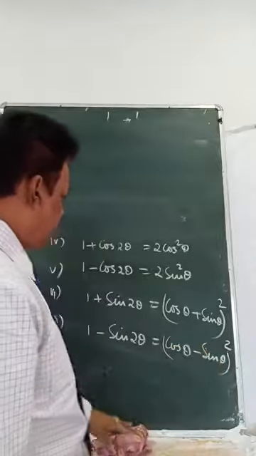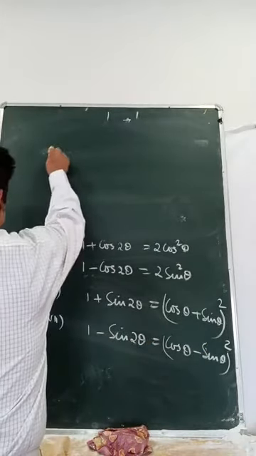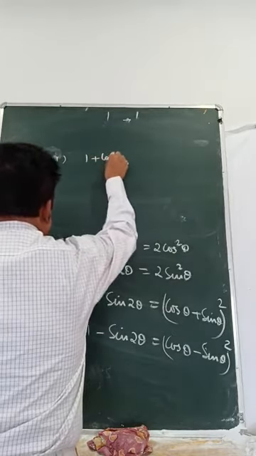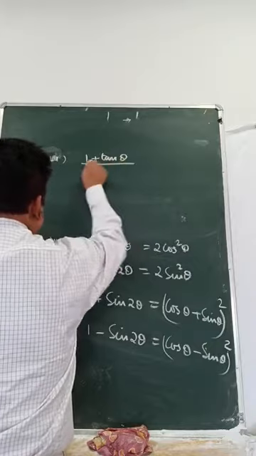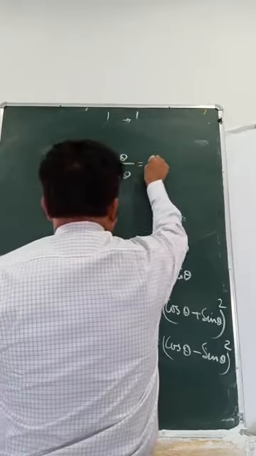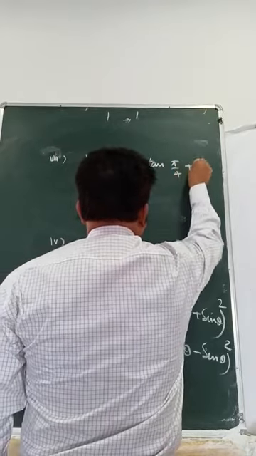Then comes some other important formulas. You studied all this in class 11. I am repeating it. See another one: 1 plus tan theta by 1 minus tan theta is tan of pi by 4 plus theta.